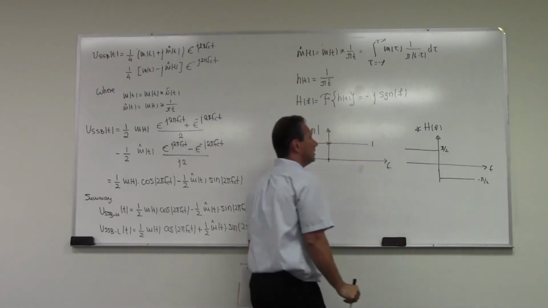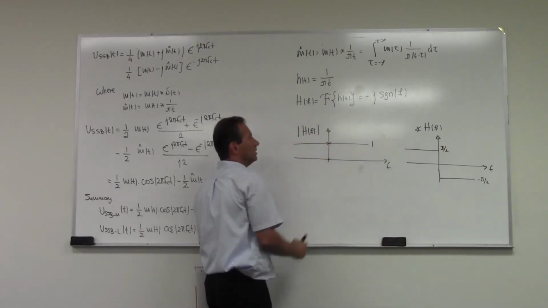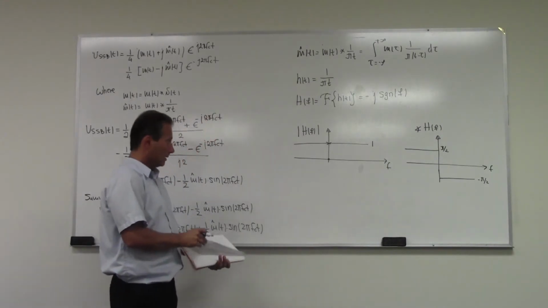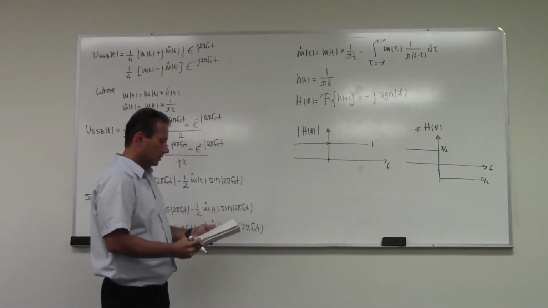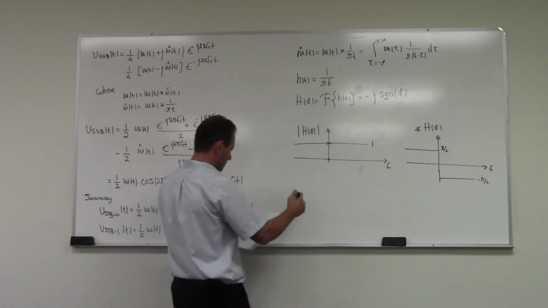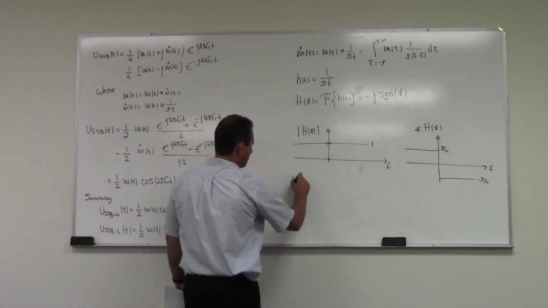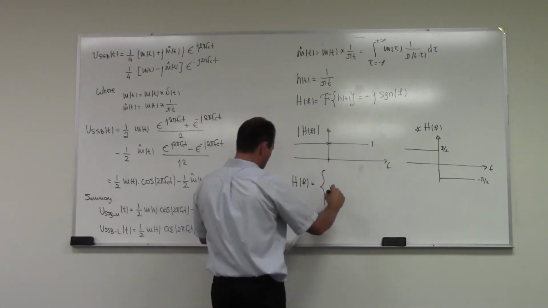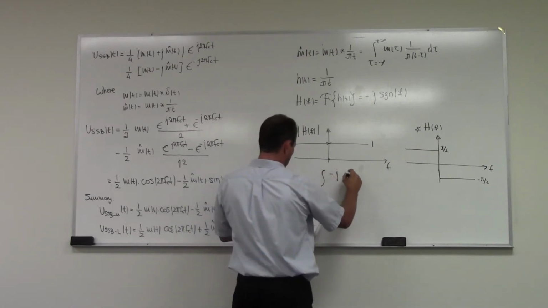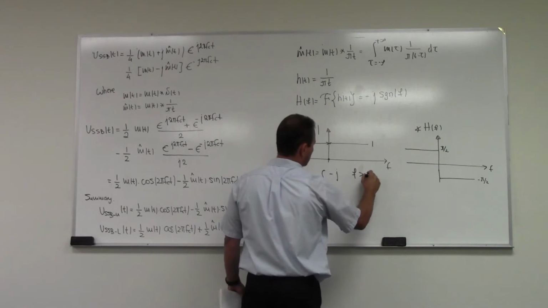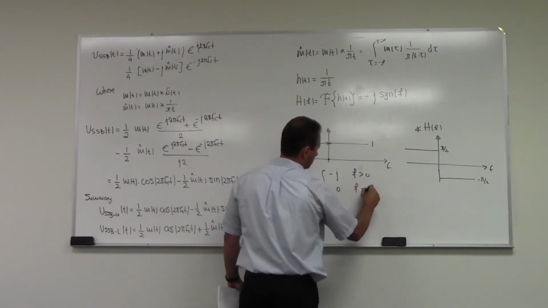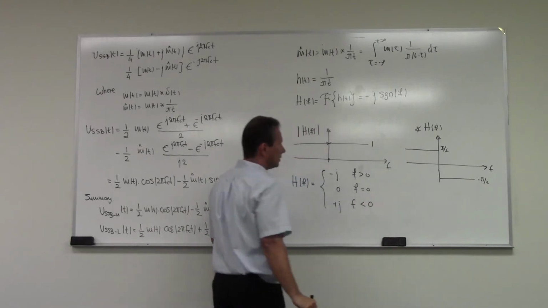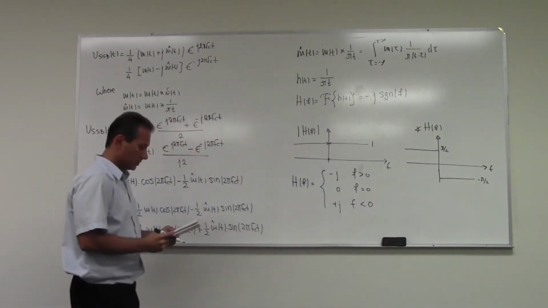So this is the magnitude response and the phase response. In summary, H of f is equal to minus j for f greater than 0, 0 for f equal to 0, and plus j for f smaller than 0. So that's the frequency response of this filter.